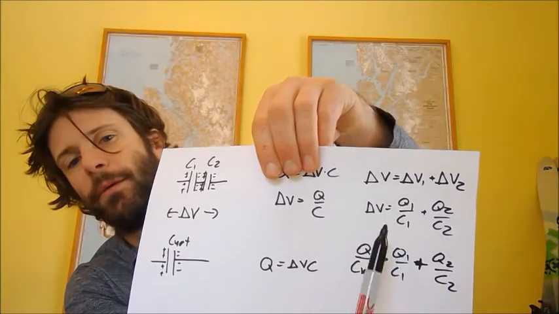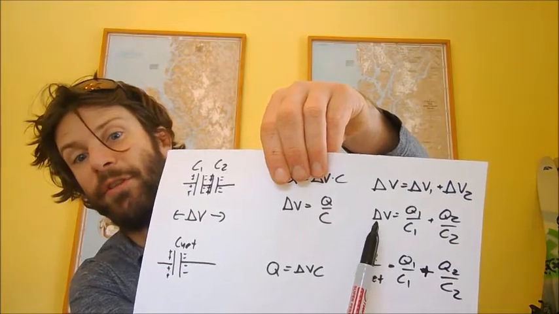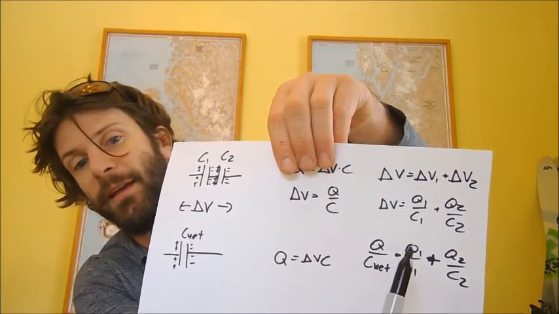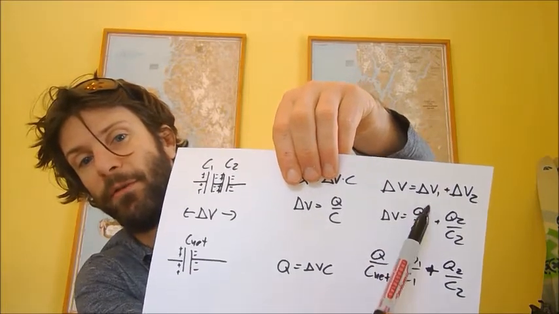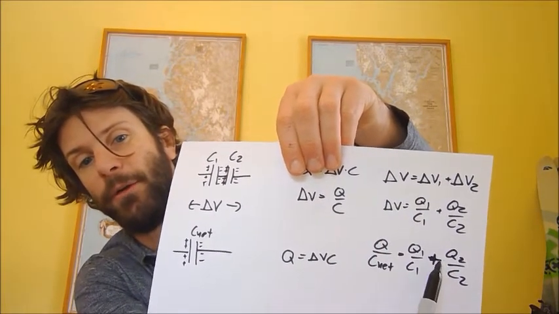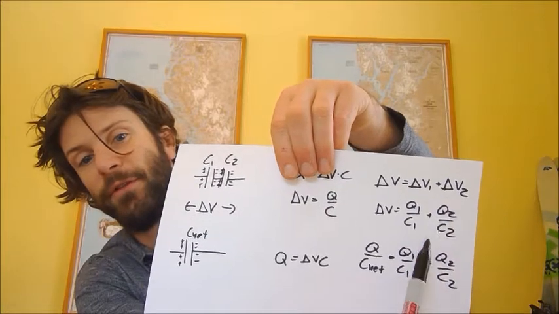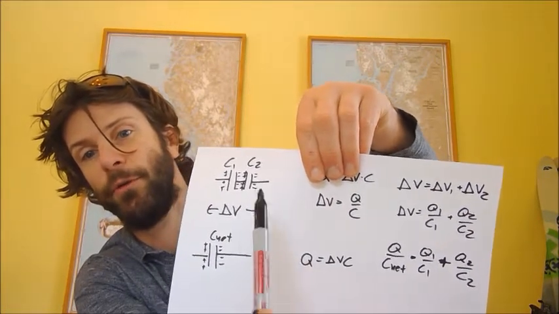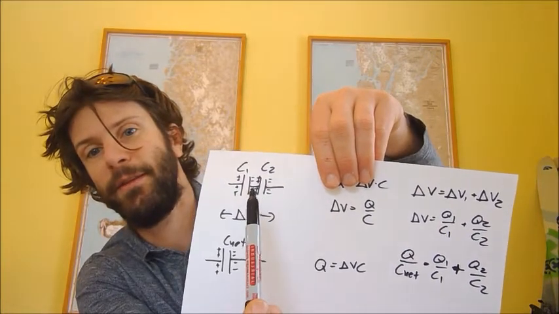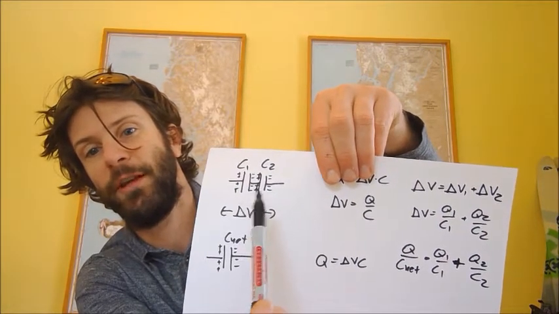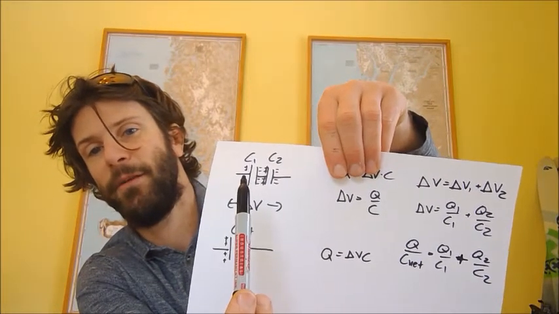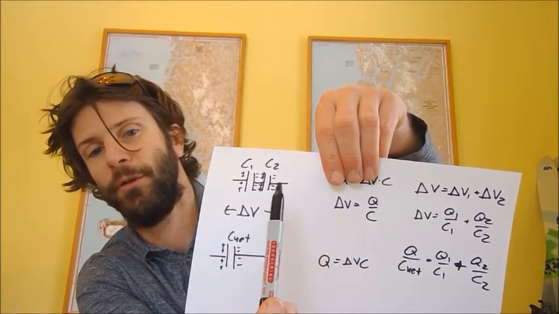So what we did was, here's delta V net, which is Q net over C net, Q1 over C1 from delta V1, Q2 over C2 from delta V2. But we also said that Q1 equals Q2, from over here, that these two must be the same, so the charges on each plate must be the same. That makes sense, that we can't have more charges here than over here. So these Q's are all the same.